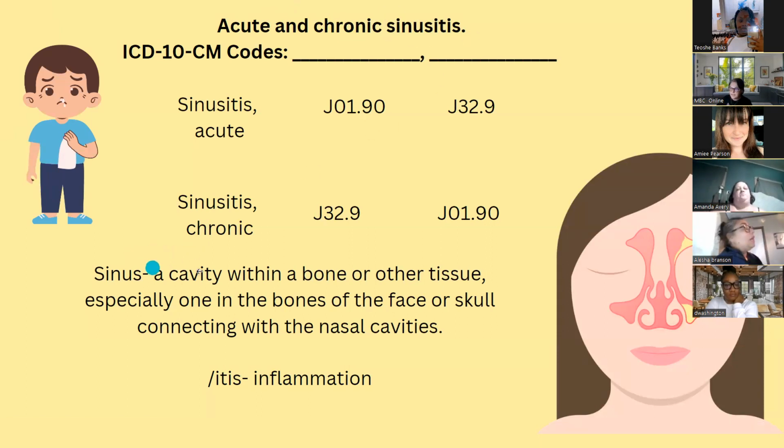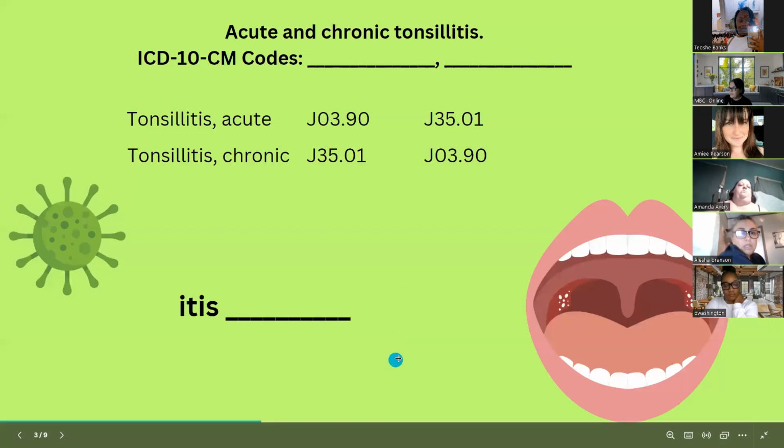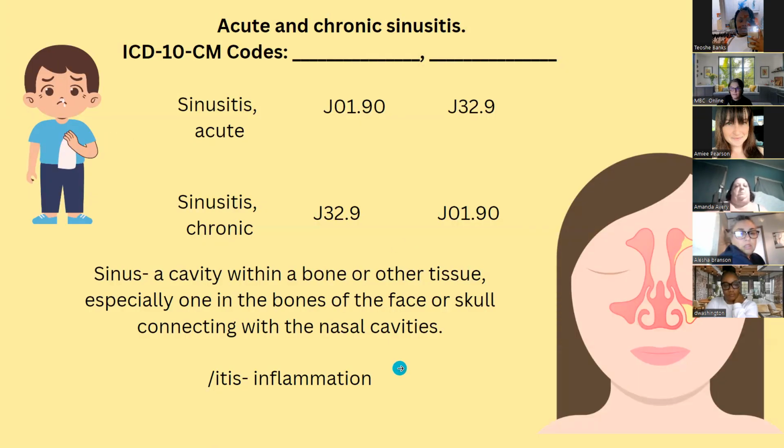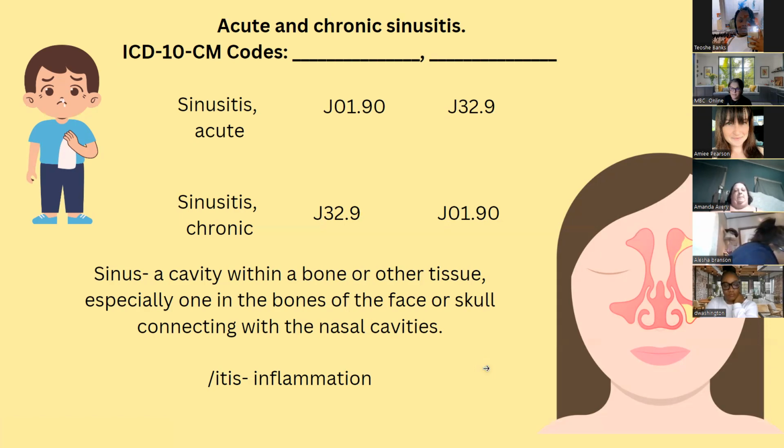A sinus is a cavity within a bone or other tissue, especially one in the bones of the face or skull, connecting with the nasal cavities. Itis means inflammation. So I want you to remember this medical term: itis means inflammation. Anytime you see an itis, you know something's inflamed, right?